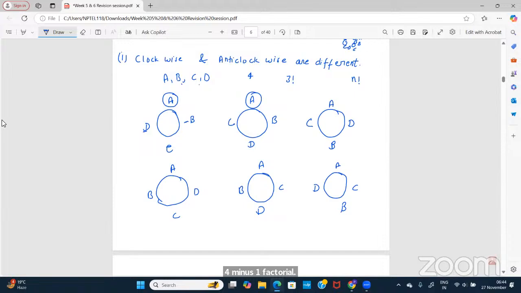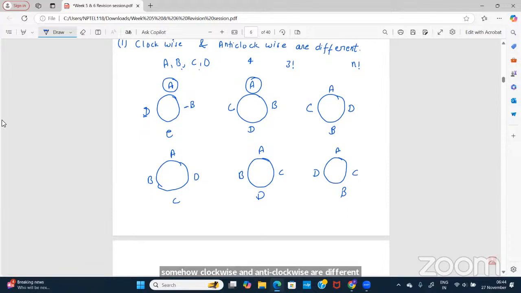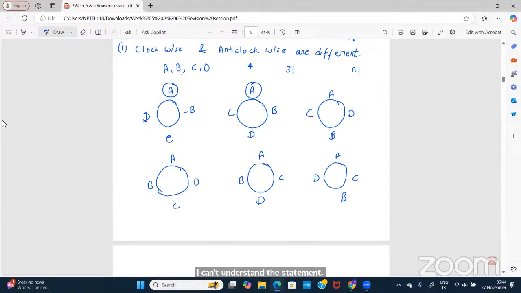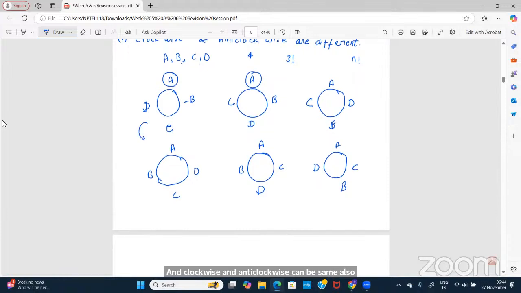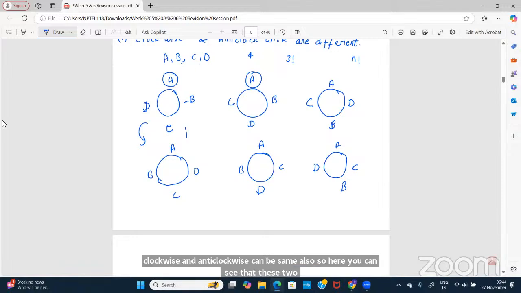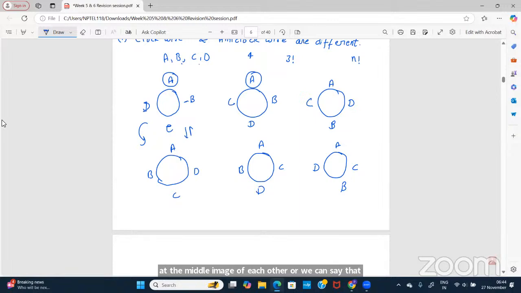Any doubt on this? How clockwise and anti-clockwise are different? See, there are many situations where clockwise and anti-clockwise can be different, and they can be the same also. Here you can see that these two are mirror images of each other, or we can say this is just the anti-clockwise of the other.